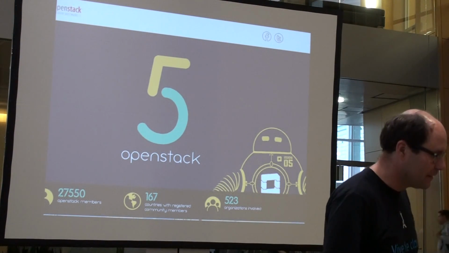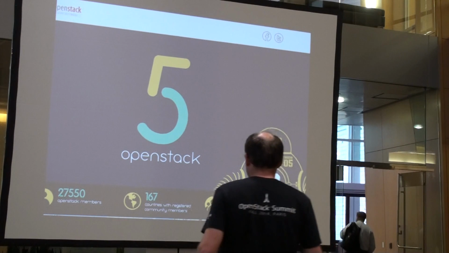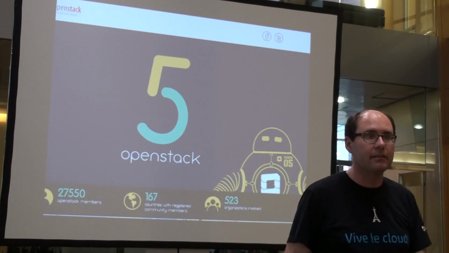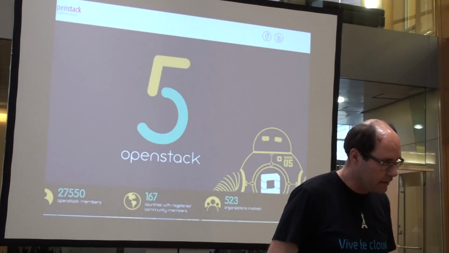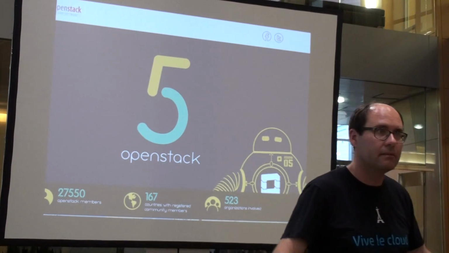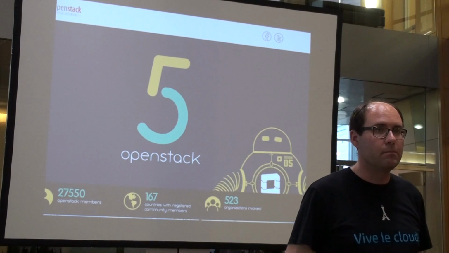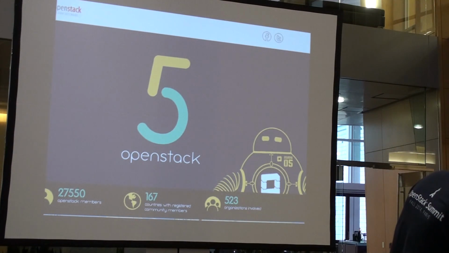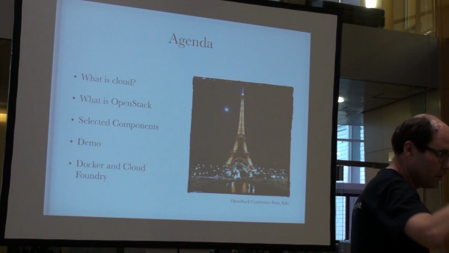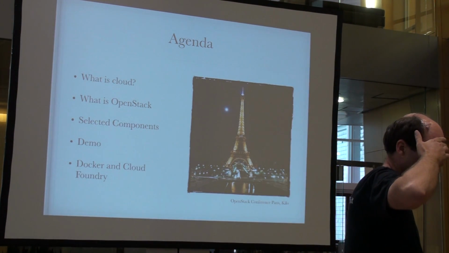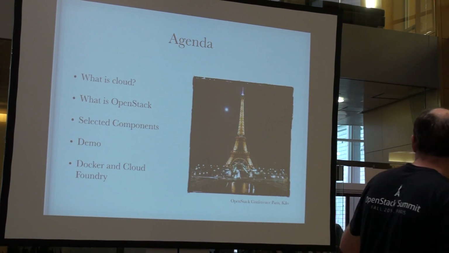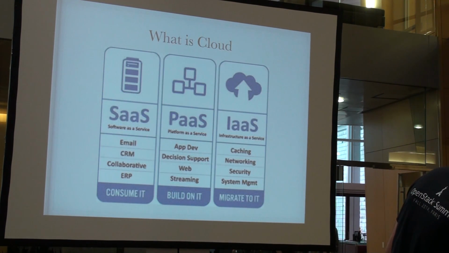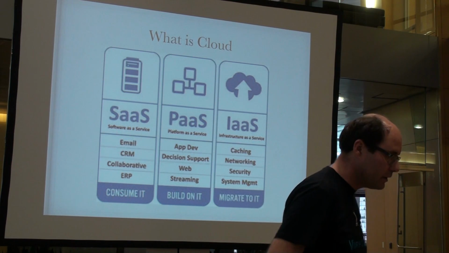But just with the numbers, they have 27,000 members, they are in 167 countries, and they have 123 local groups, so it's a big thing coming. So I want to talk about what OpenStack is and all those things. Picture from the OpenStack Summit in Paris. So they come around, we go around.